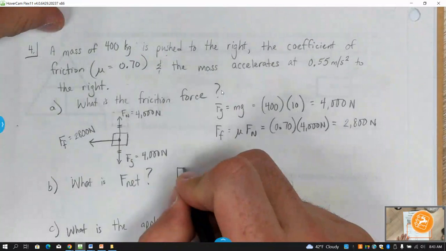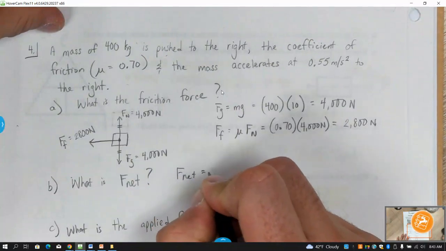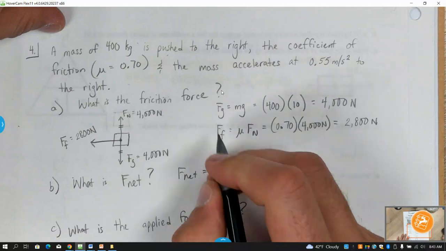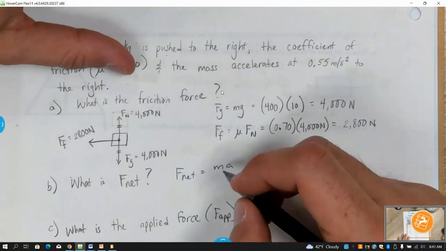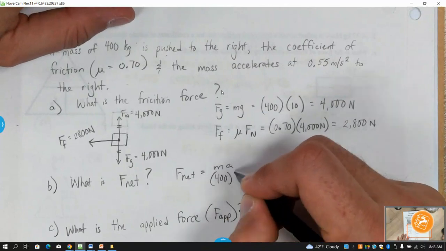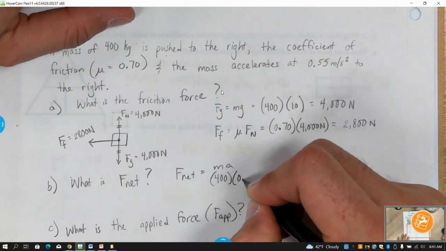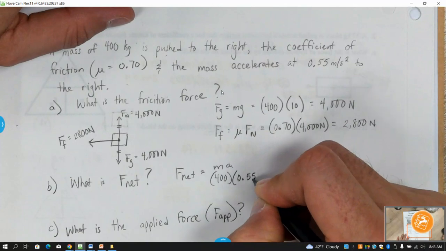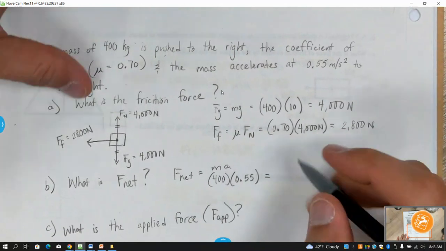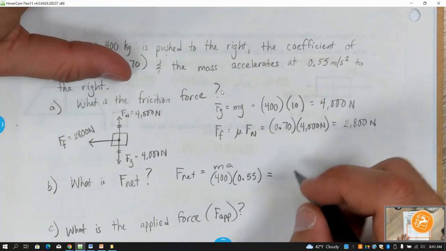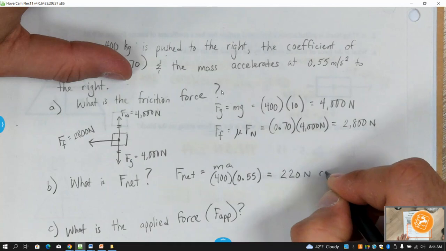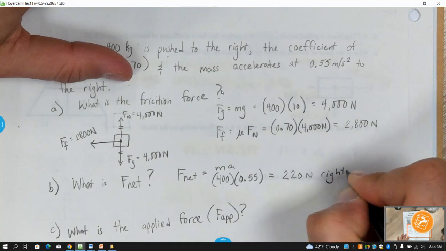Yes. Do we have the acceleration? Yes. So we will have the mass of 400, an acceleration of 0.55, and this will give us a value of 220 newtons. It's got to be to the right, the net force.